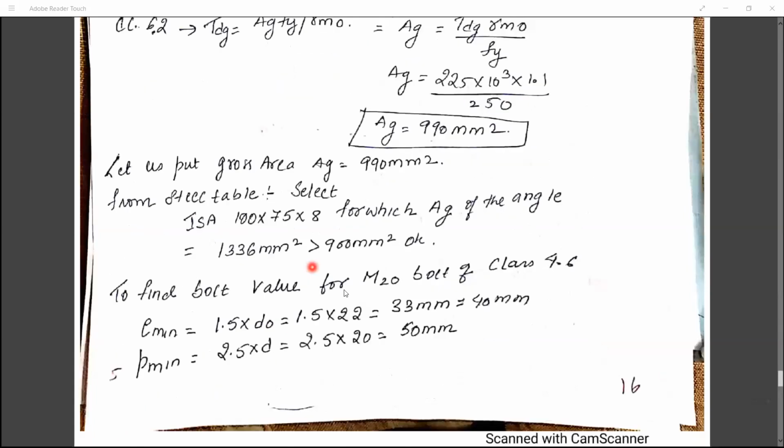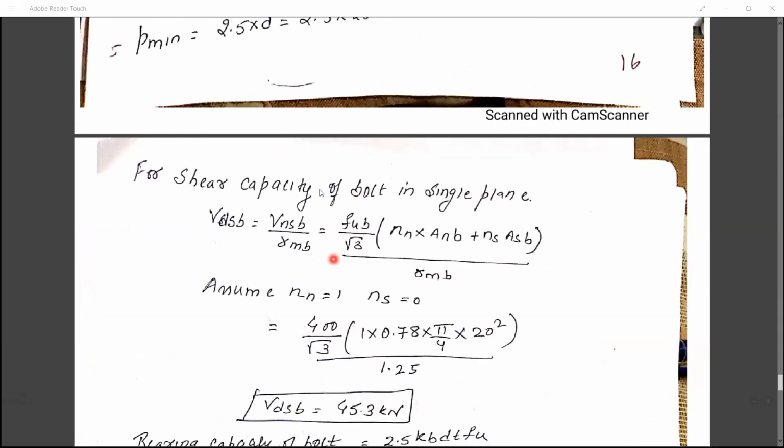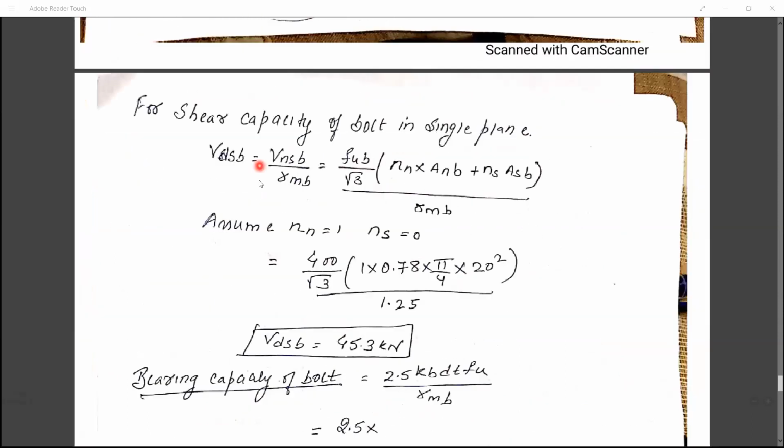Now to find the bolt value for M20 of class 4.6: 1.5 into D0, 1.5 into 22, then pitch distance is 2.5 into D, that is 50 mm. The problem is almost the same here. VDSB is VNSB by gamma MB, FUB by root 3, NN ANB plus NS ASB.